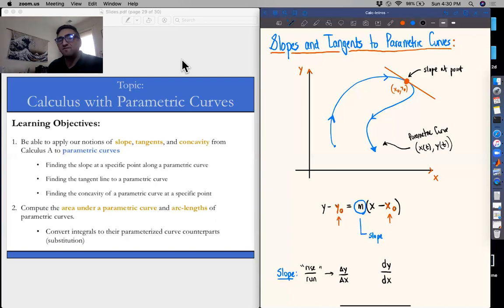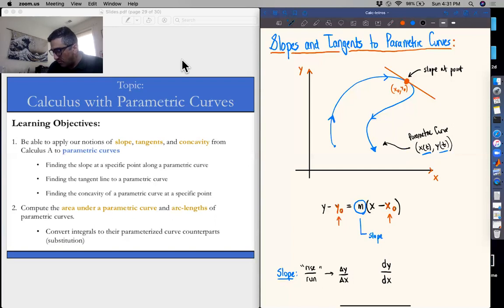But remember, the tricky thing here is we don't have y as a function of x, so we can't just take the derivative of something. We're given this parametric curve where our individual coordinate functions, both x and y, are themselves functions of this other parameter t. So I still want us to think about slope as a change in y over change in x.